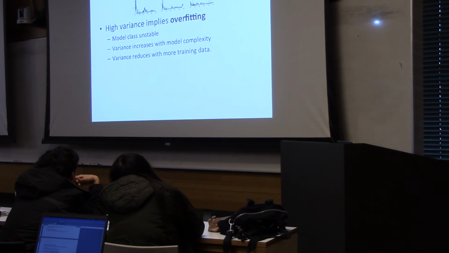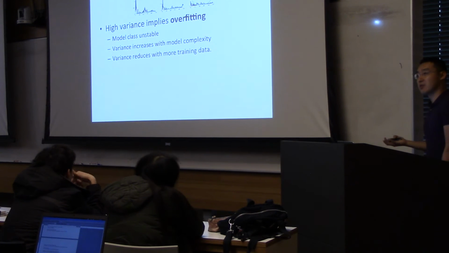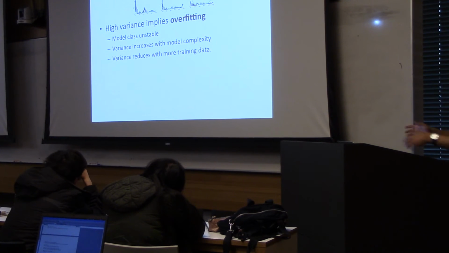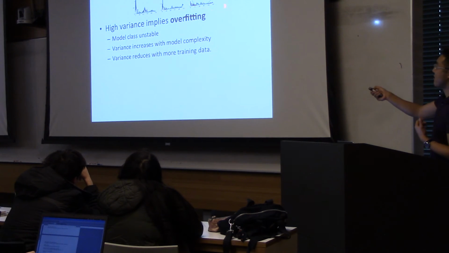Okay, so high variance implies overfitting, right? If your model class has high variance with respect to this learning problem, then the model you trained will be unstable. Had you sampled another training set from the test distribution, you might get a very different model. The variance increases with model complexity, right? So the cubic model class has much higher variance than the quadratic, which has higher variance than the linear. And variance reduces with more training data.